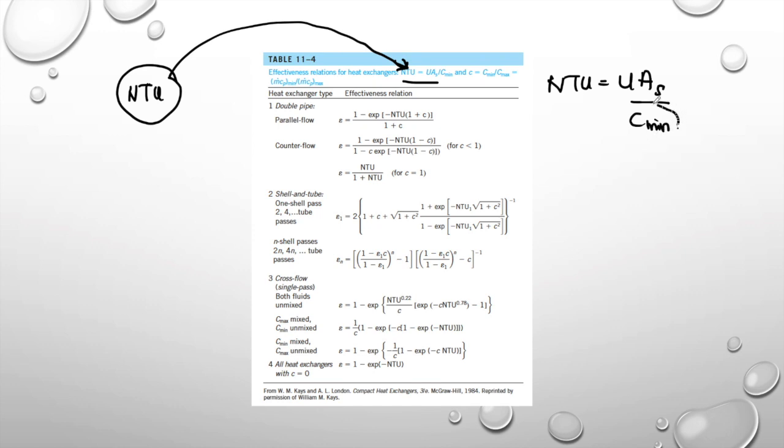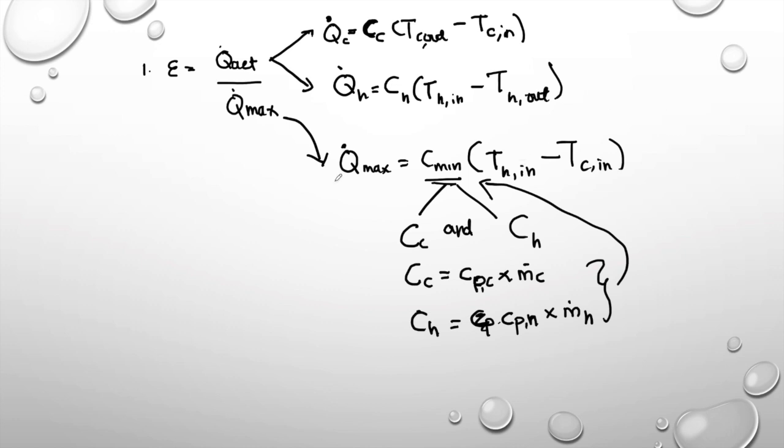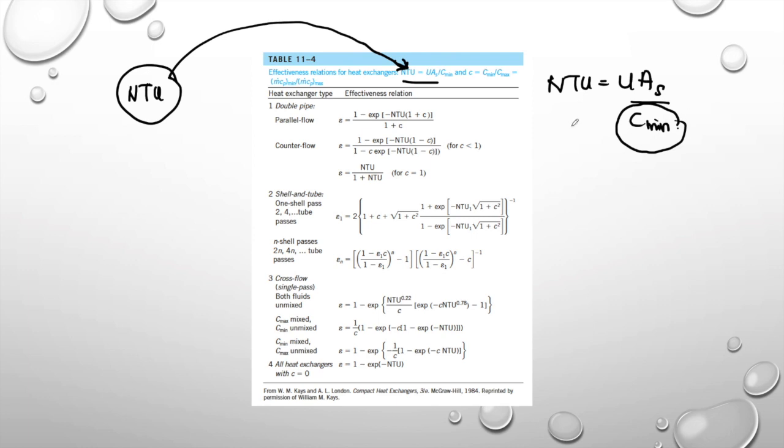You already determined C minimum from the previous step. You already calculated C C and C H and then determined the C minimum. The same C minimum will be substituted into this equation. And then the overall heat transfer coefficient, if the question already gives you the value of this overall heat transfer coefficient, it's okay.